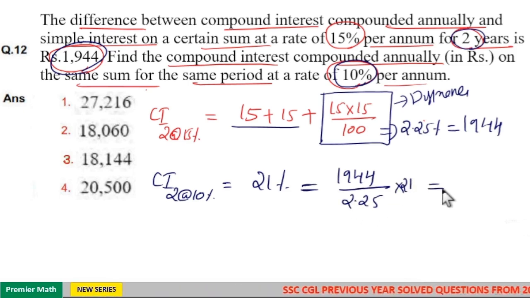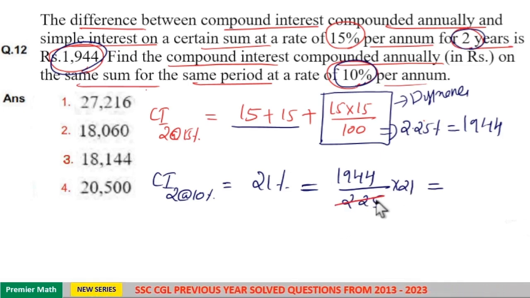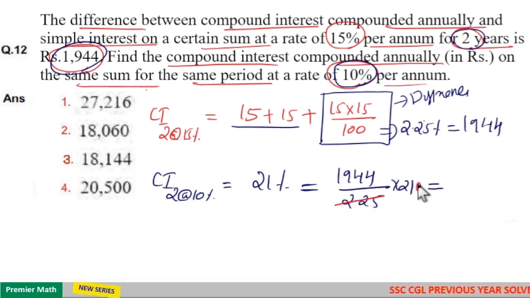Now if I divide it with 9, to remove this 0.25, I'll add 2 zeros here. So this will become 9 goes 2 times in 22, remaining 4, 9 goes 5 times in 45.